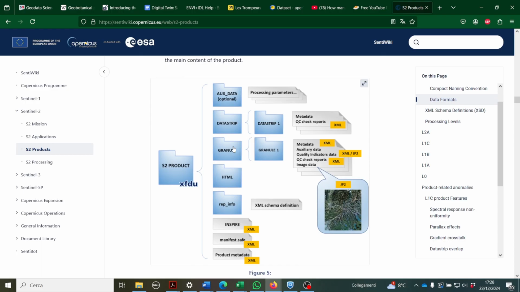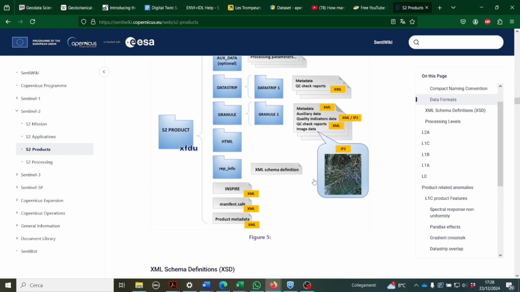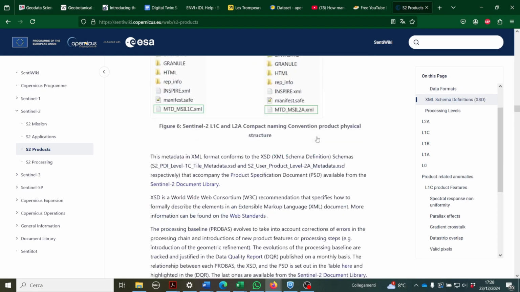We can find the data in the granule folder, in which you have all the bands, but also the metadata and the header file, which is what we are using, as described in the part in which I upload Sentinel-2 data in ENVI, with the particular procedure that ENVI uses to automatically open this kind of external file. So it is defined in this part here.